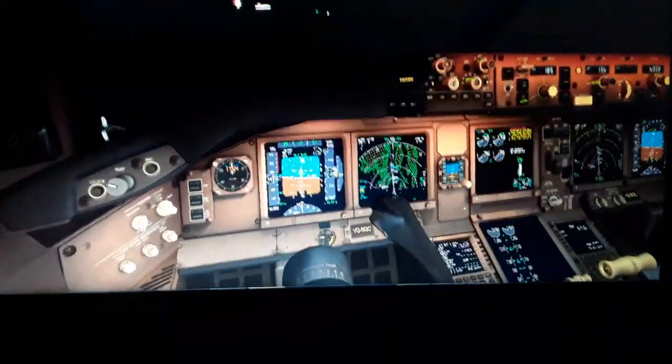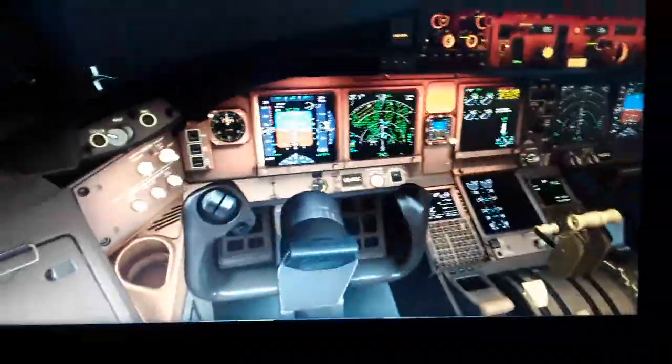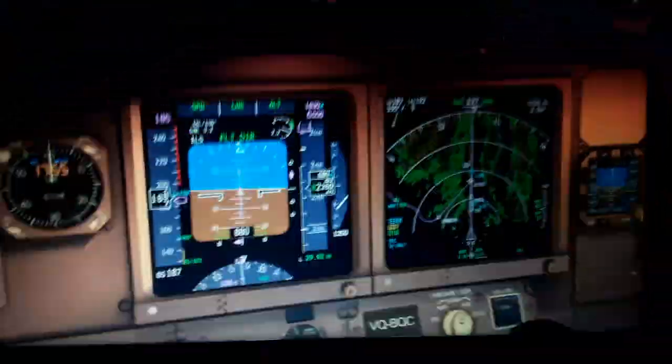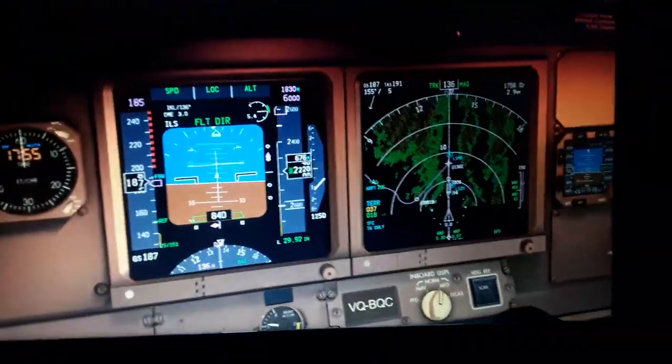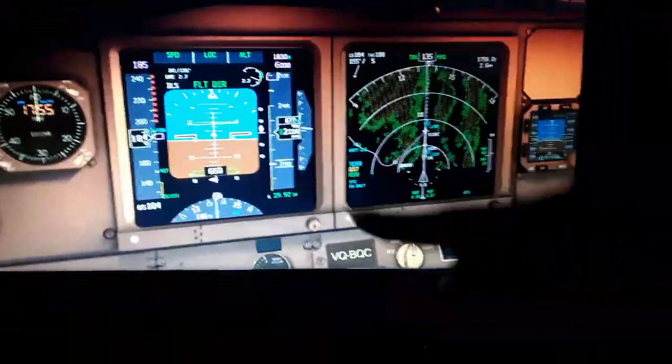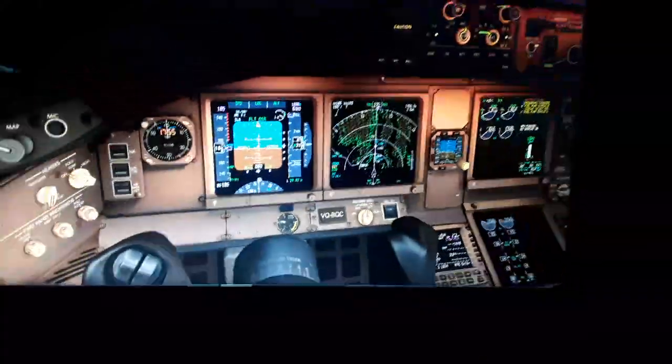It's in front of us. We are inside the LSZH localizer, as you can see here. LSZH localizer, glide slope. We need to level off a little bit, so you can see all the information about the runway. We are 600 feet above the runway, and we're flying with this airspeed.